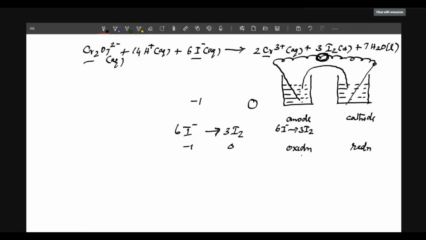How many electrons should be there on the product side? 6I- giving 3I2 plus 6 electrons. Therefore, the total number of electrons involved in the process is 6 electrons.